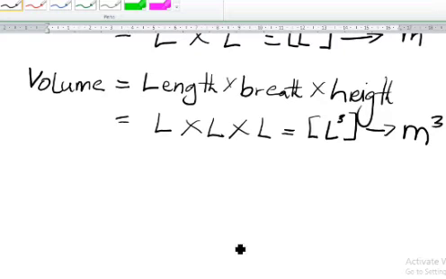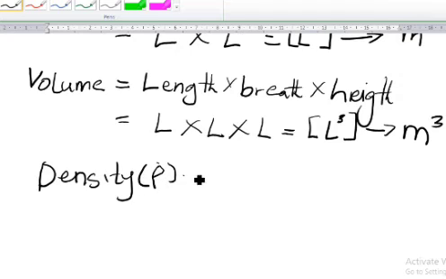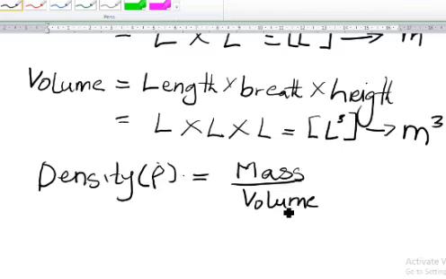Let's go to density. Density is represented as rho. This will give you mass over volume.